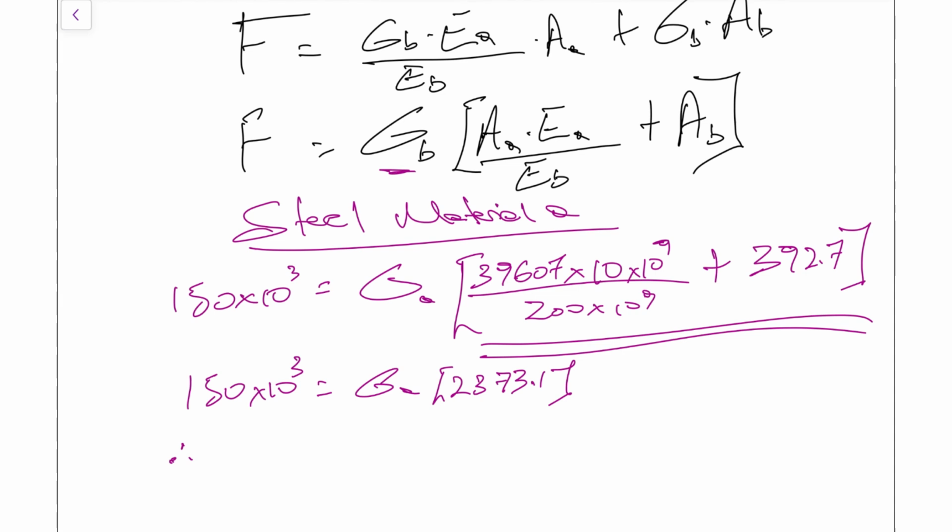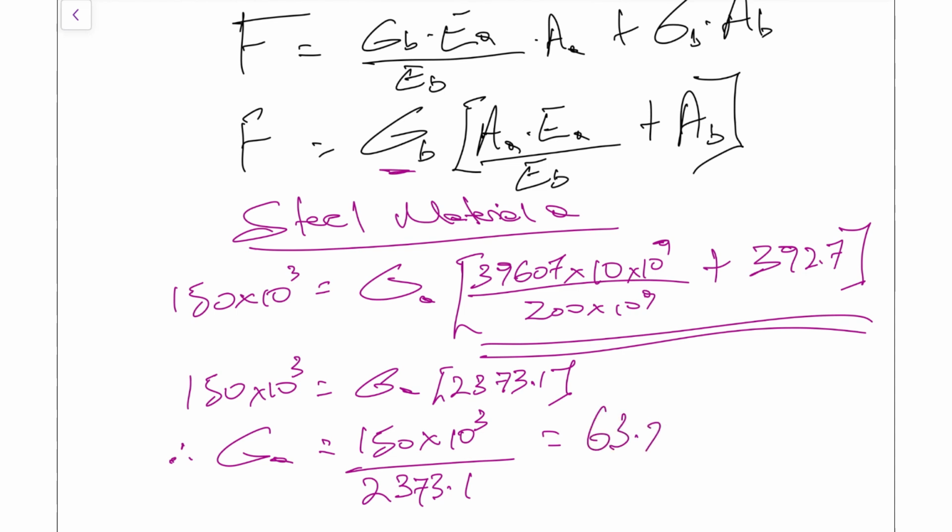So it looks complex, but when you put in the values, everything just simplifies to something workable. So this looks like 150 times 10 to the power of 3, all divided by 2,373.1. So that leaves us with a stress of 63.2 newtons per millimeter square, because we didn't convert the units.